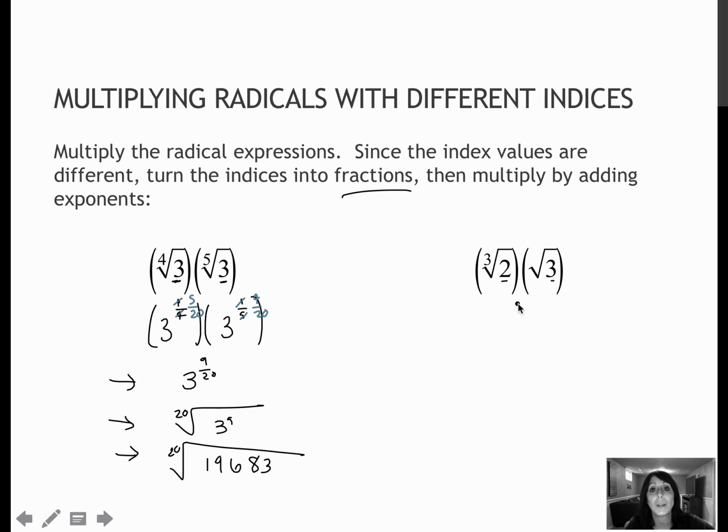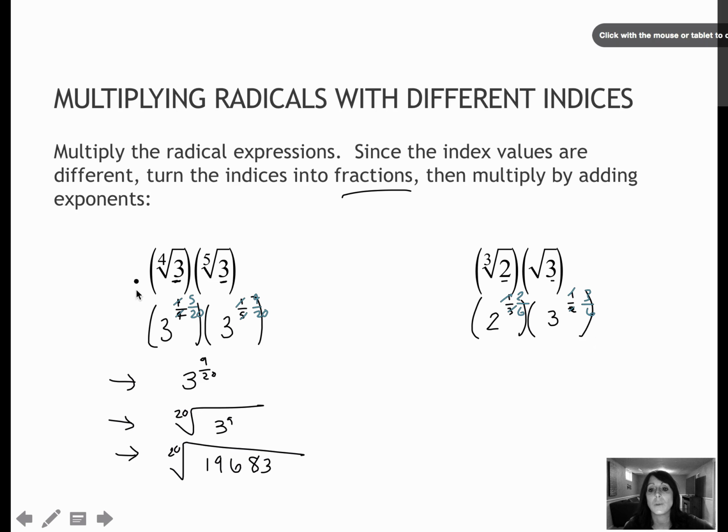I'm still going to start the same way, so I'm going to call this 2 to the 1/3, and this is going to be 3 to the 1/2. And just as I did on the last question, I want a common denominator, so I'm going to turn this into 2/6, and this was a half, so now I'm going to make that 3/6.